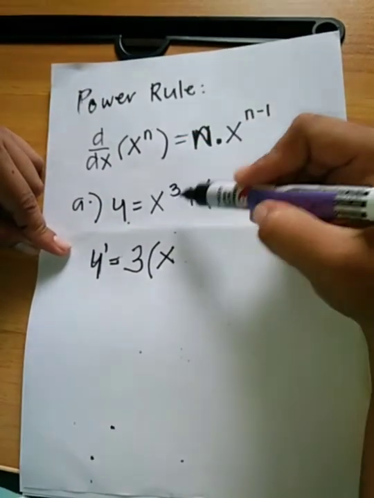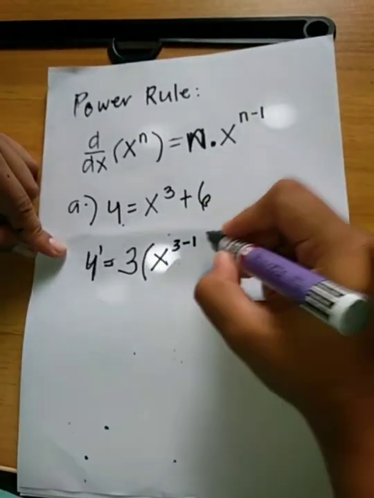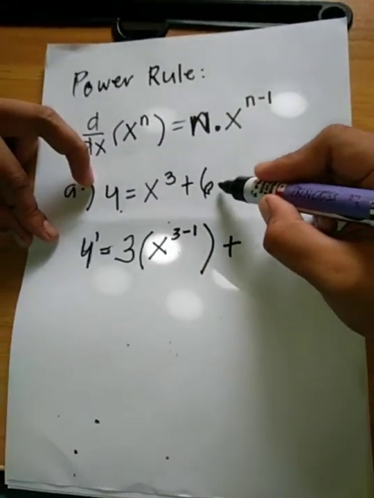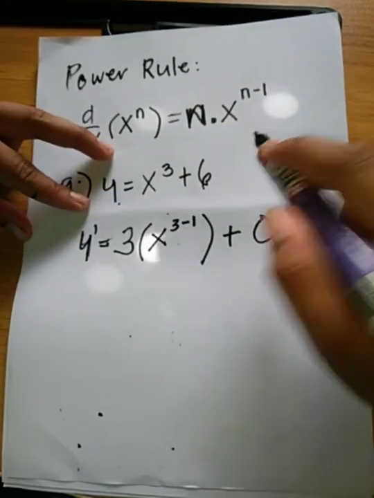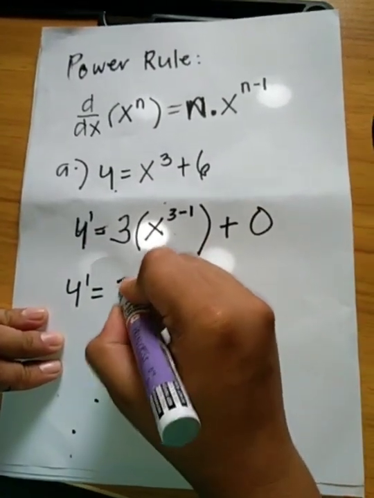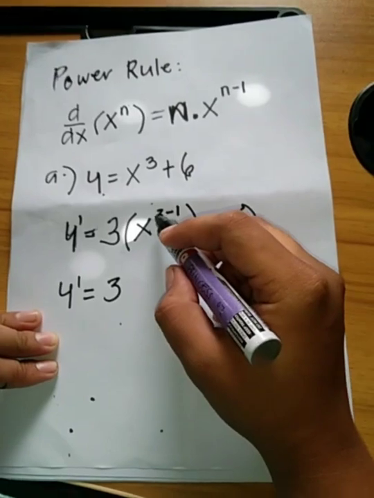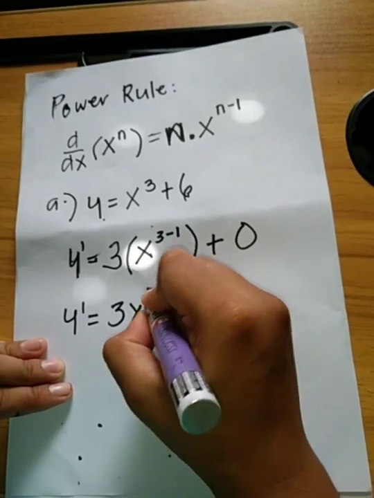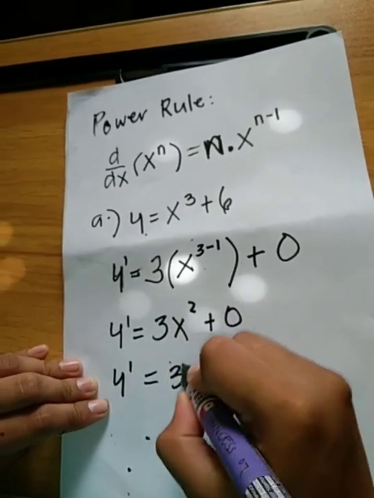The n in this equation is 3, so it is going to be 3 minus 1. Plus 6 is going to be 0 because this 6 is a constant number. So y prime is equal to 3 times x raised to the power of 3 minus 1. So it is going to be 3x squared plus 0, and the final answer is 3x squared.